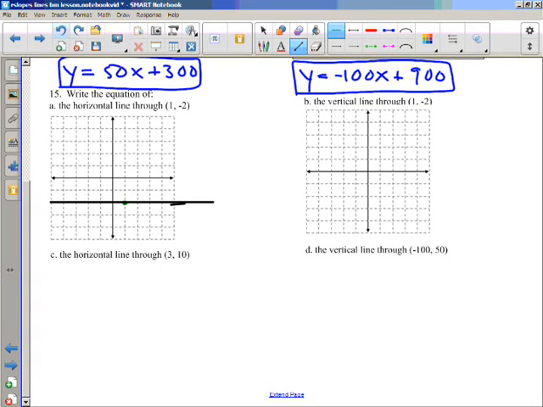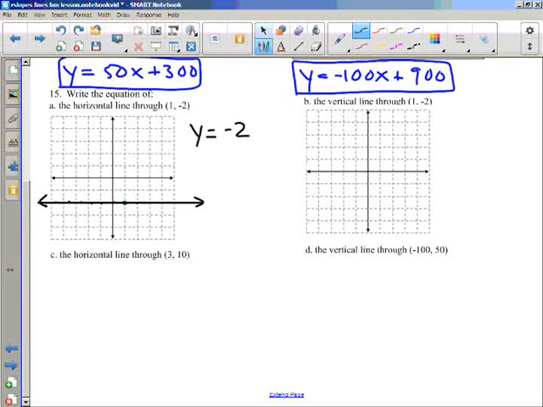This horizontal line here has to be an equation in y equals form, because horizontal, remember, is y equals a constant. Well, what does the value of y equal for every single point on this line? It equals -2. The reason this is a horizontal line but uses the letter y is because y becomes a constant, and when you pin down the y value to never vary, go up or down, your slope is 0, and you have a horizontal line.